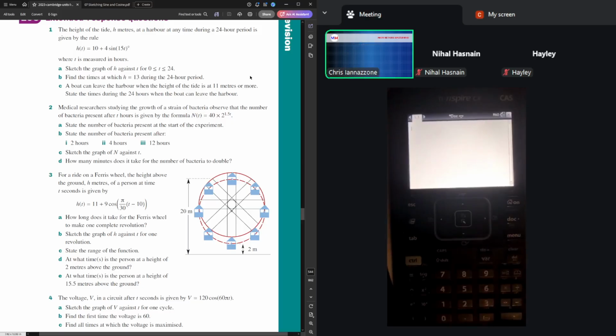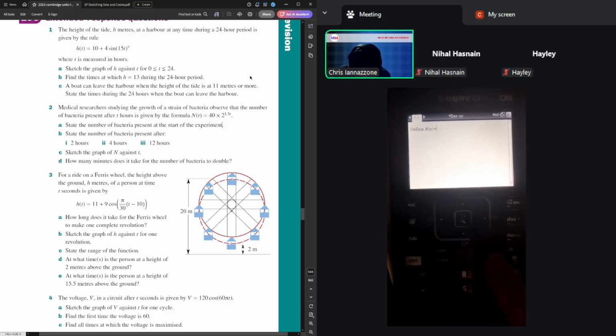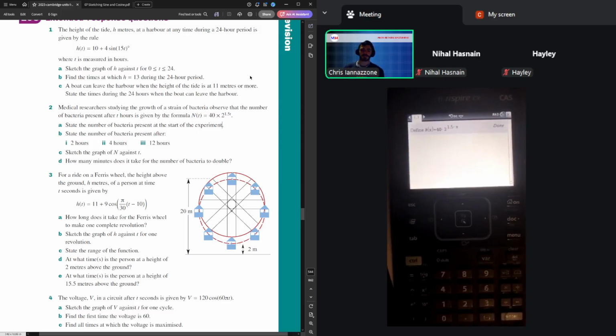So we have our function n of t. Oops, I need to hit define first. We have our function, which is 40 times 2 to the 1.5t. Obviously I'm going to be using x instead, just in case I want to graph it.